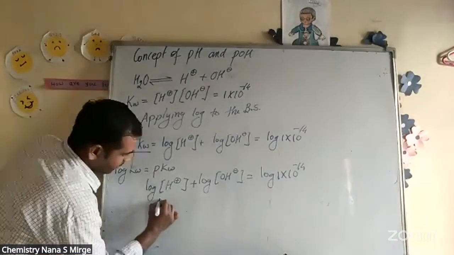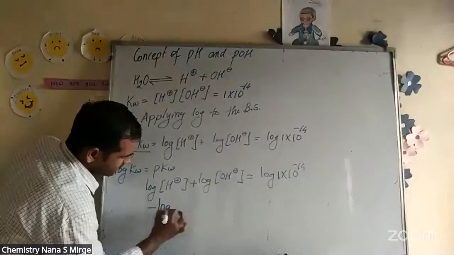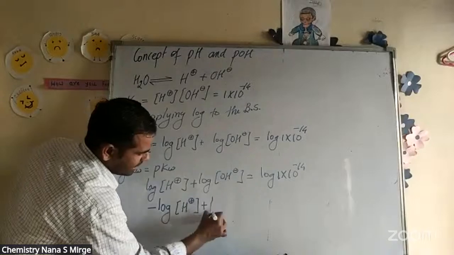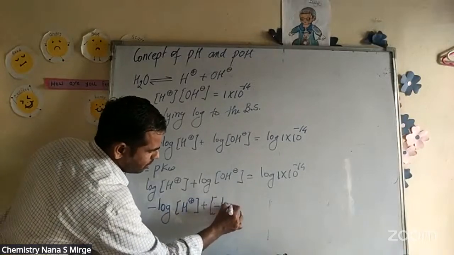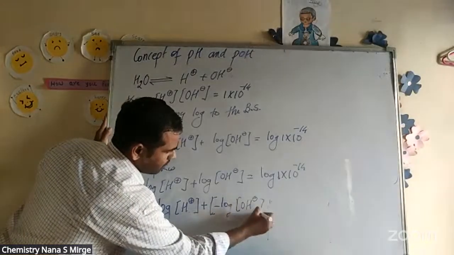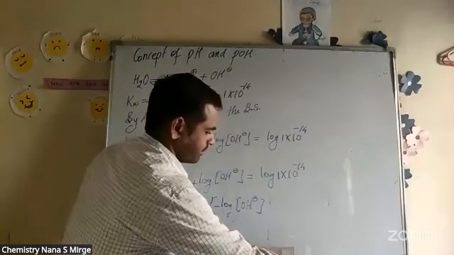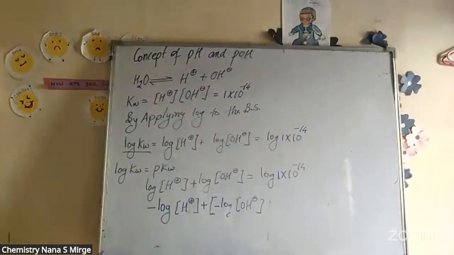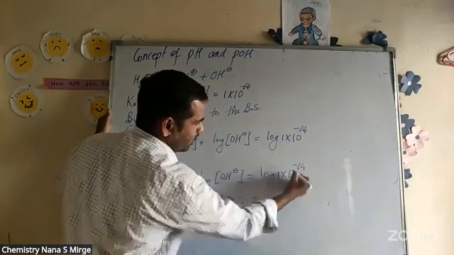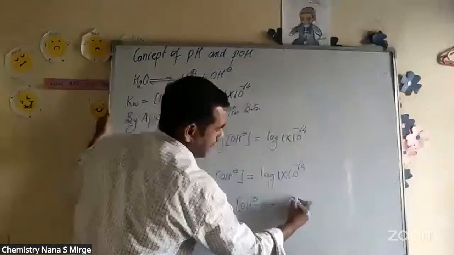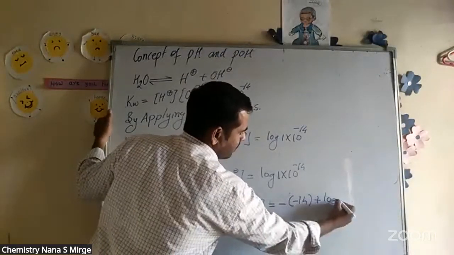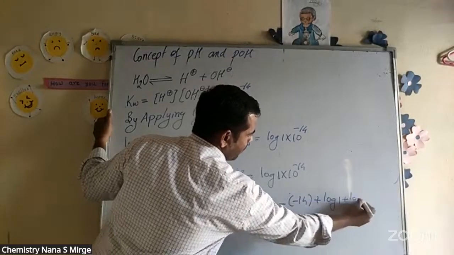And look here. There is minus log H plus ion concentration, right? This plus, and again minus log of OH ion, right? और यहाँ पे जो है, यहाँ पे क्या हो जाएगा? यहाँ पे this one is equal to minus, अब ये 14 यहाँ पे आ जाएंगे, minus 14 plus log of 1 plus log of 10.